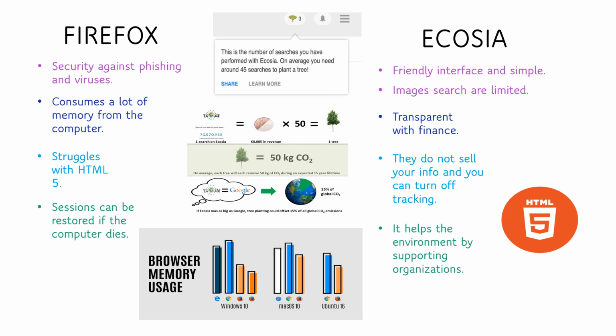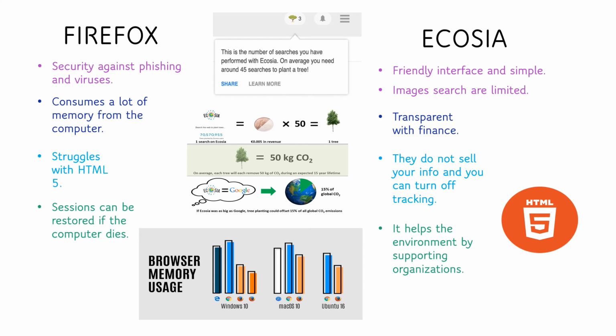And for Ecosia, a friendly and simple interface, so no issues there. But image searches are limited. It's harder to find the image you want on Ecosia. And it's transparent with finances. Their web page usually shows how much money they make, where it goes, and things like that.